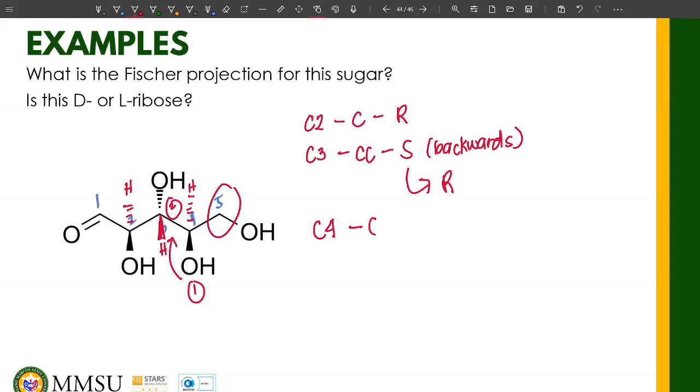Clockwise, that is R configuration. So we have determined the R and S configurations.